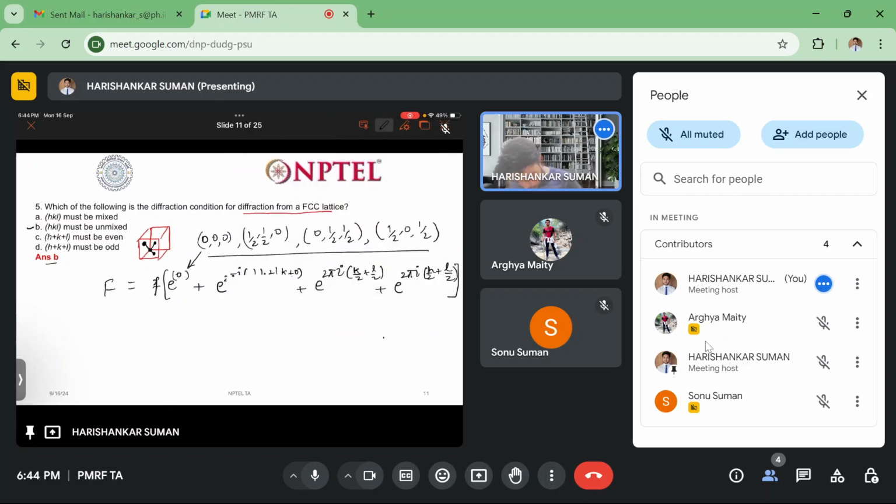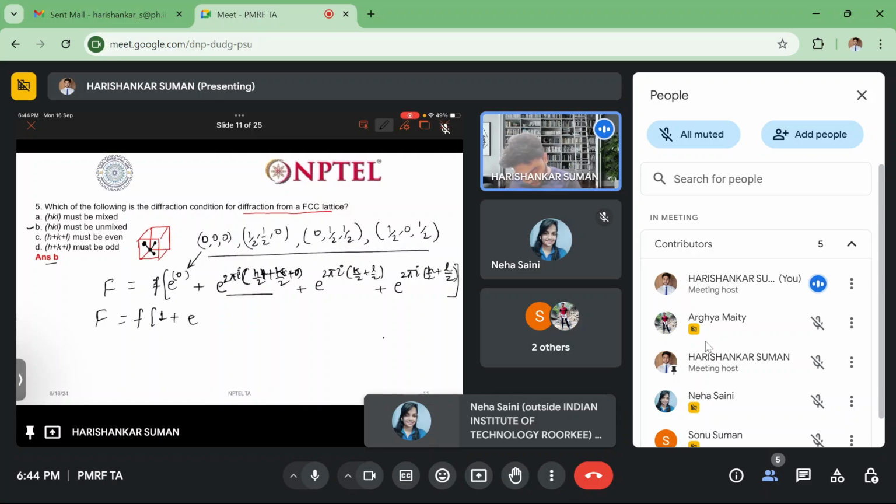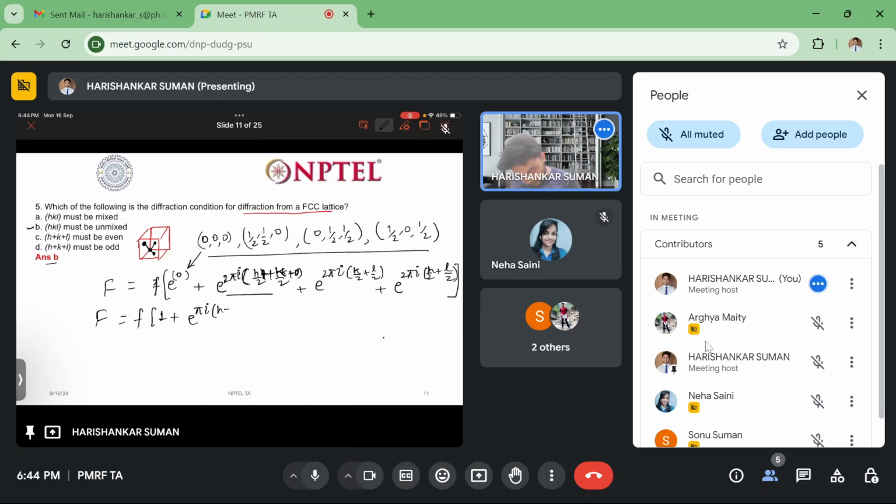Okay, let's see what it is. For HKL, F to the power, this is 1, this is H plus K, K plus L, H plus L. So even if H, K, L are evens, then what happens? F equals even, this is also even.